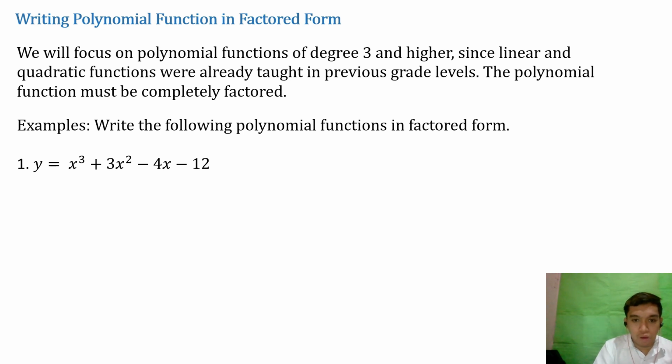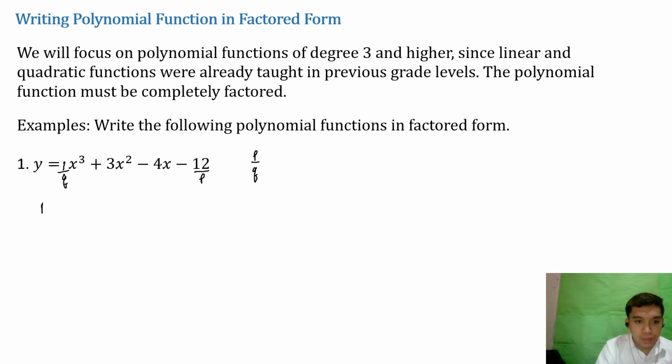Nakaporma siyang ganito, P over Q. Ito yung ating P. At ang Q naman natin is yung leading coefficient ng ating leading term. So, ano yung leading coefficient ng ating leading term dito? 1. Ito yung ating leading term, yung x cubed. Ang ating Q ay ang kanyang leading coefficient. So, 1. Ito yung ating Q.